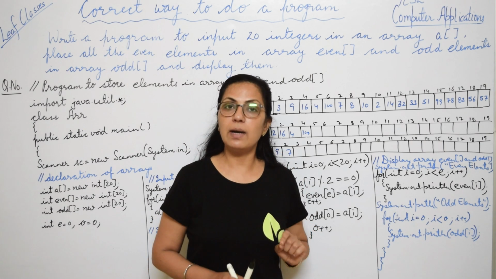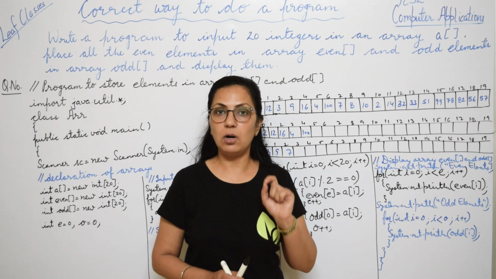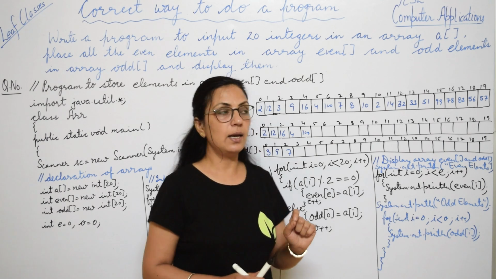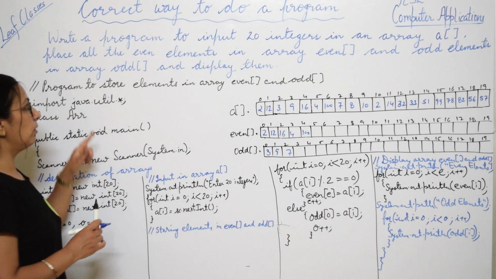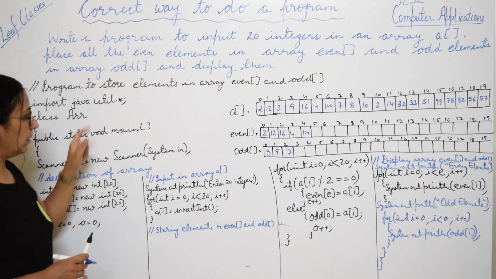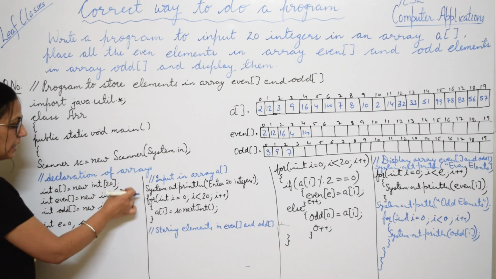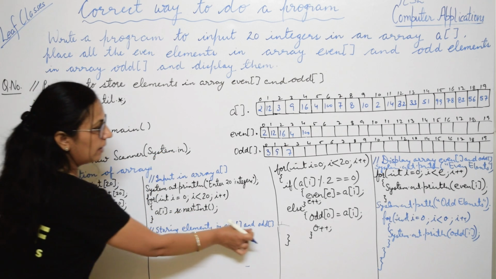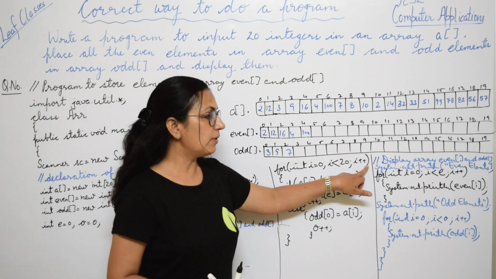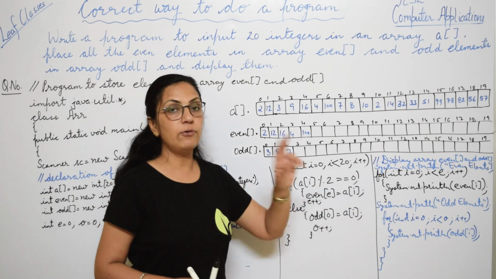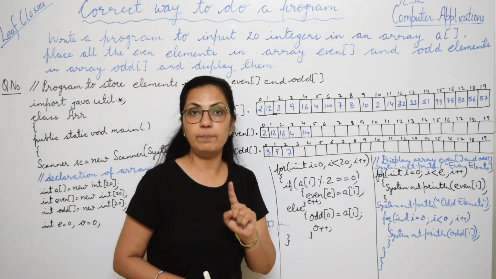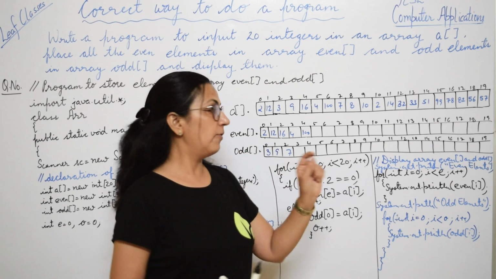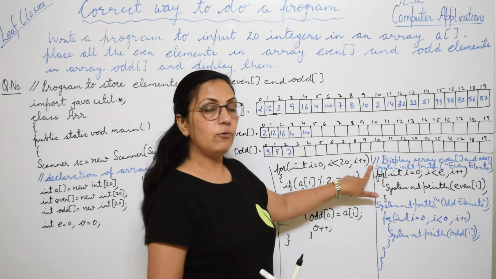Now once you complete the program, what all important things do you have to check? Whether you have used the import statement or not. Just check very fast whether the semicolon is there everywhere or not. After for, after if, no semicolon will be there. Most of you put a semicolon after the closing bracket of for and if.